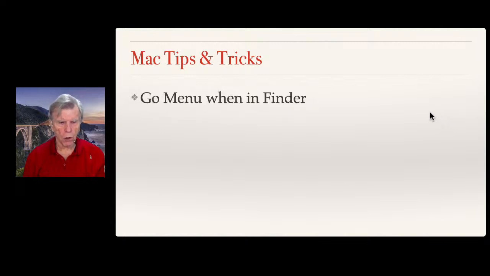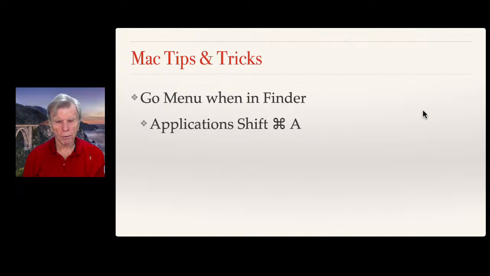So we can use the Go menu, which works when we're in the Finder. And we can go to our applications. The shortcut for that is Shift-A. We can go to the computer to get an overview of everything that's going on. The shortcut for that is Shift-Command-C.